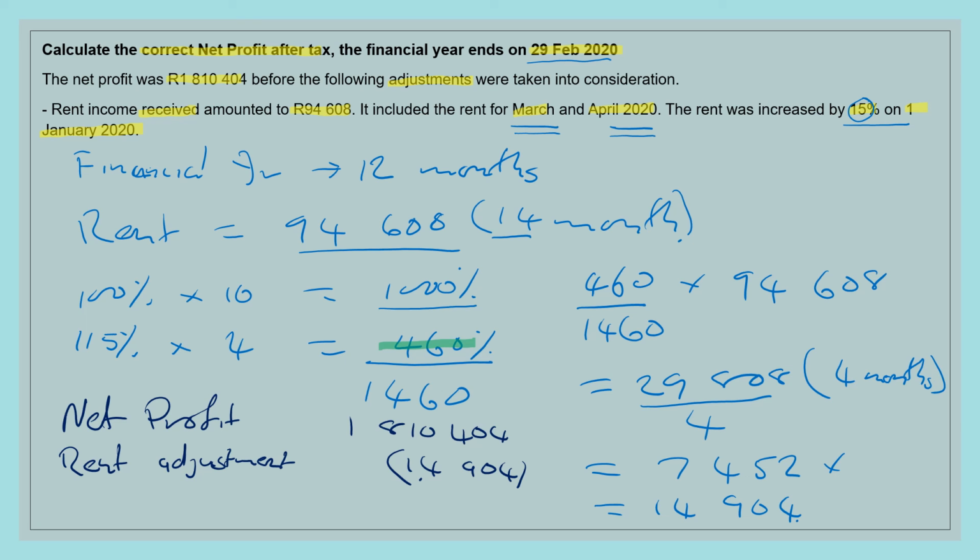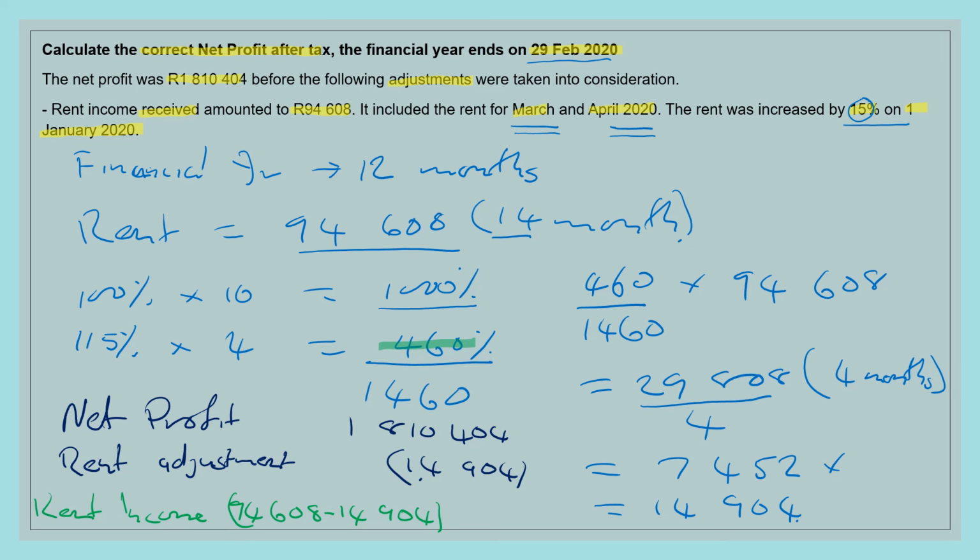But if it's in terms of the normal income statement, you come to rent income and other operating incomes. That will be rent income, then you have 94,608 minus 14,904. Then from this amount you get your total.